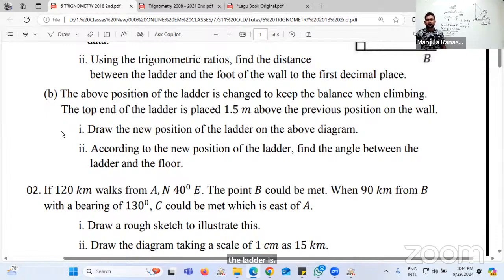Draw the new position of the ladder on the above diagram. According to the new position of the ladder, find the angle between the ladder and the floor. Okay, draw the new position based on this information.